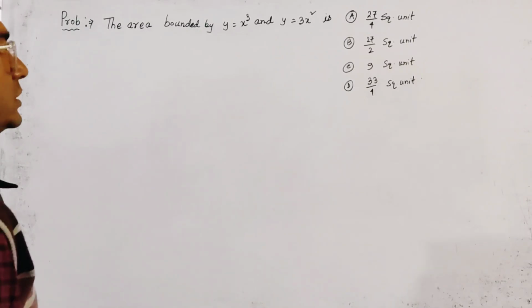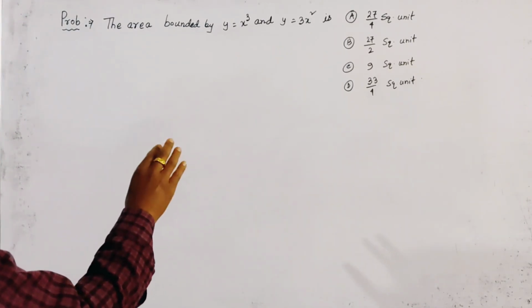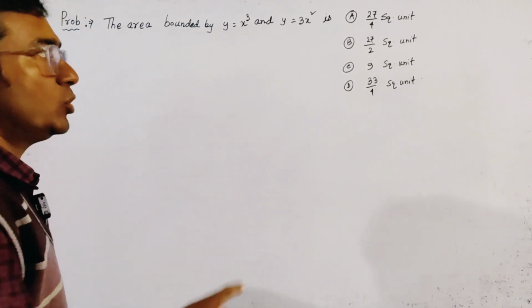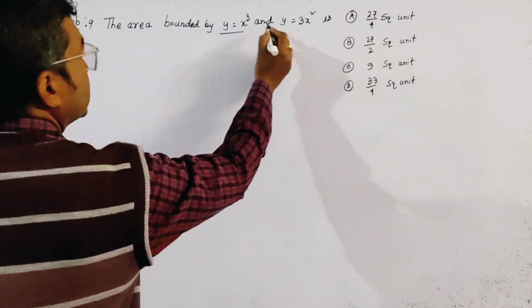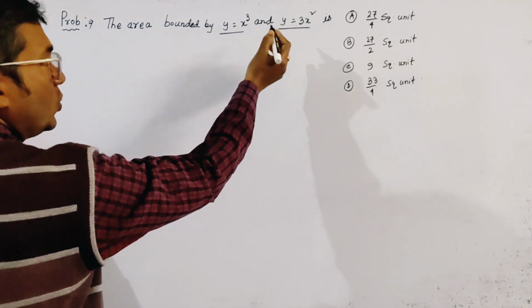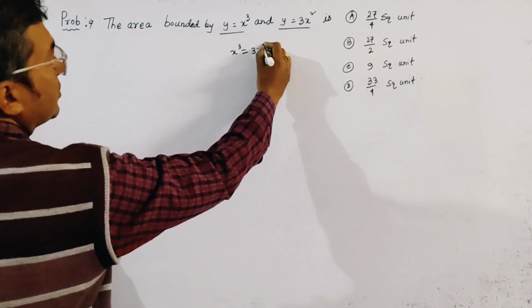We first try to find out the intersection between the two curves, to integrate in the proper range. To get the intersection of these two curves, we equate the values of y, that is x cube equal to 3x square.